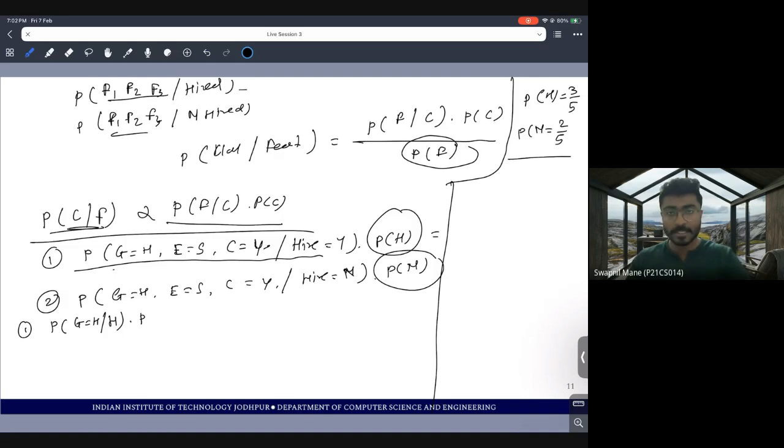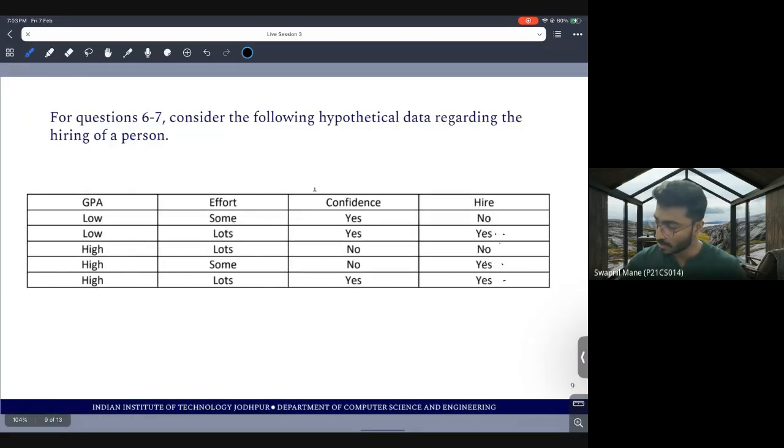So this probability we are trying to get for each class, for the yes class. So how many yes are there here? One, two, three.